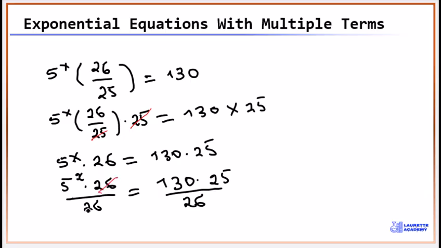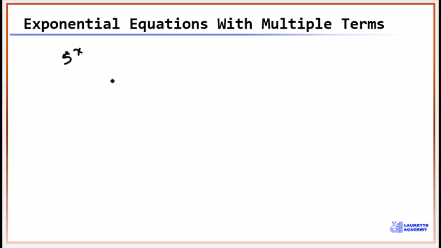This will cancel this out, so we have that 5 to the power x is equal to 130 times 25 divided by 26. This will give us 5 times 25, because 130 divided by 26 is 5.